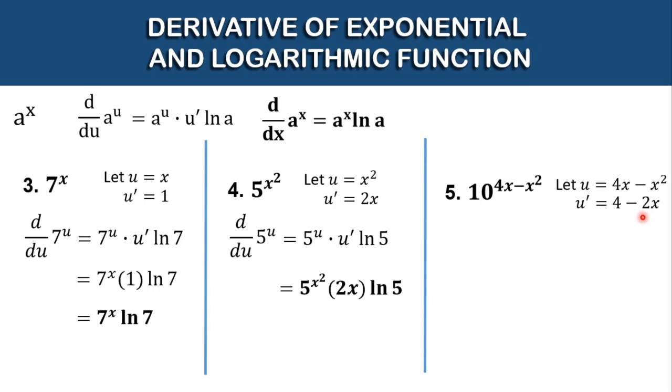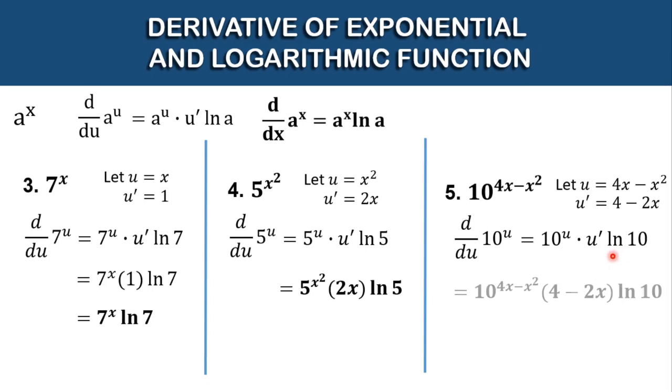And after obtaining this, we can use this doon sa guide na ginagamit natin to find the derivative. So we have d over du of 10 raised to u. This is equivalent to 10 raised to u times u prime times ln 10. And when we substitute, we are going to have 10 raised to 4x minus x squared multiplied by the quantity 4 minus 2x.